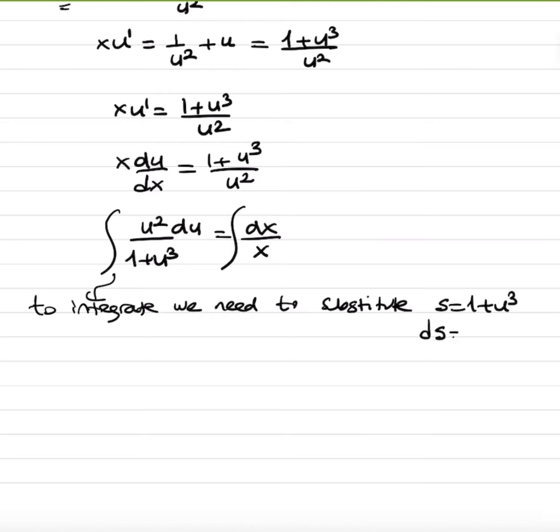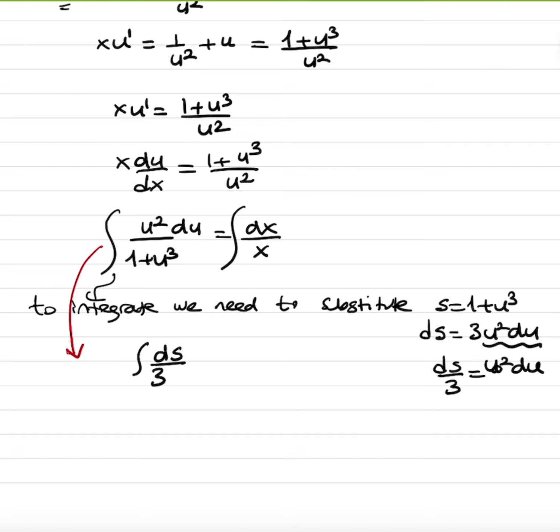So what is ds? It is 3u squared du. So we have u squared du there, right? So we can put ds over 3 when we see u squared du. So this part will become ds over 3s.